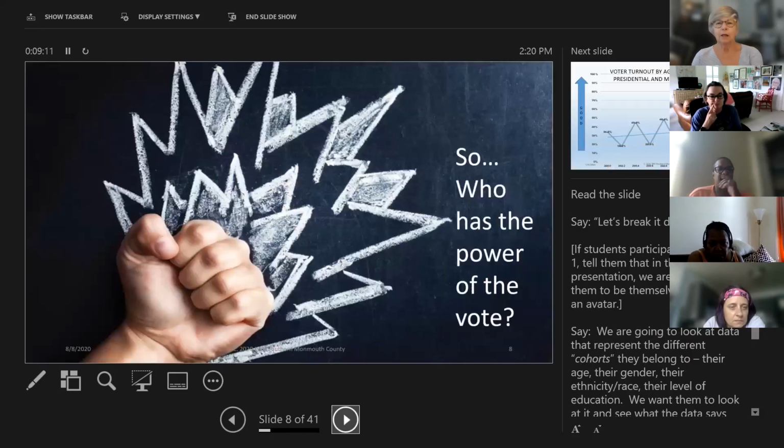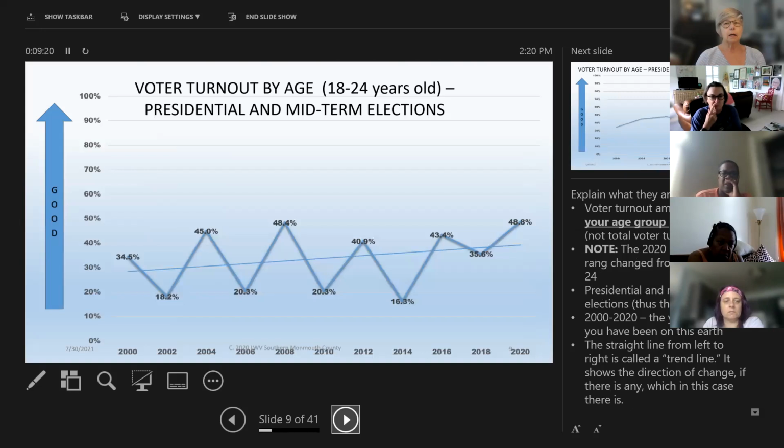Okay, so let's break it down a little bit, because there are people who have the power as a result of having the vote. This is, again, I'm going to help the kids look at the graph. This is voter turnout by age. So this is the 18 to 24-year-old age group, which will be their age group.